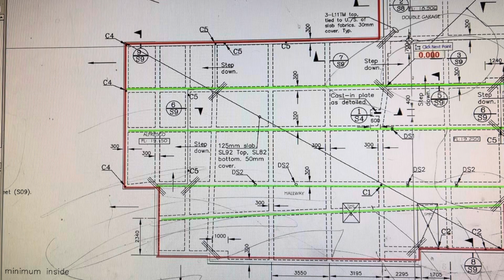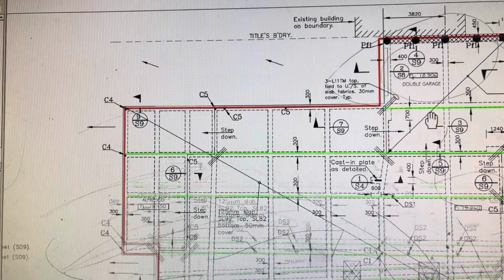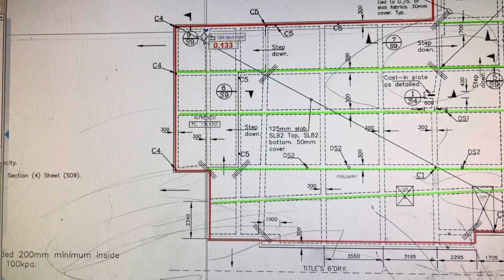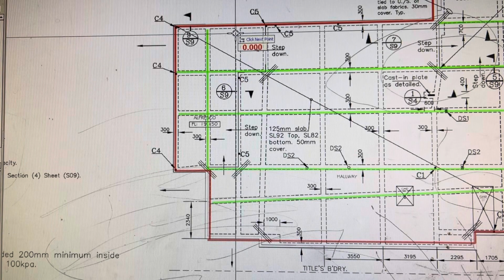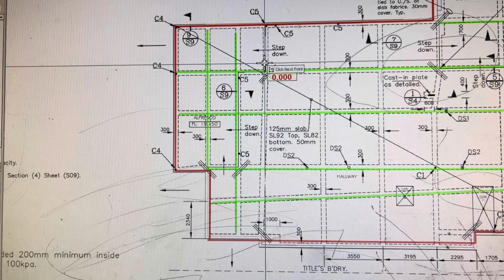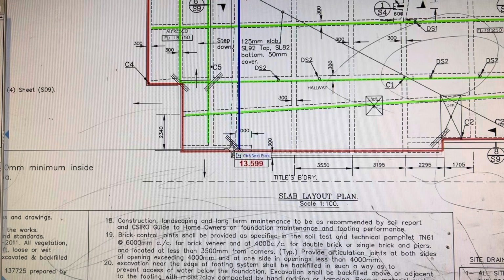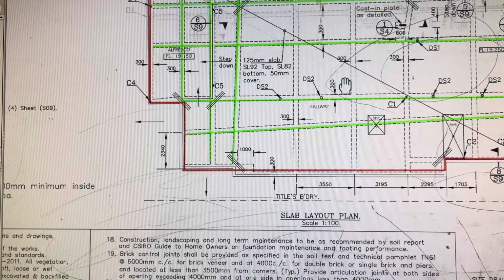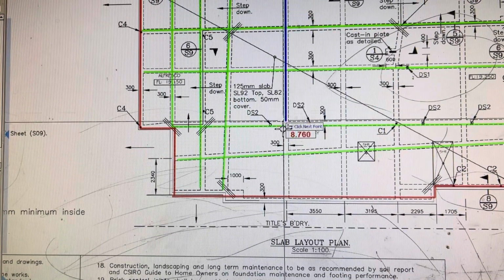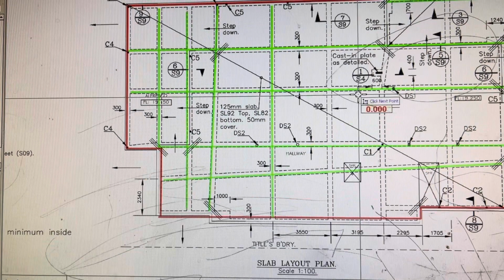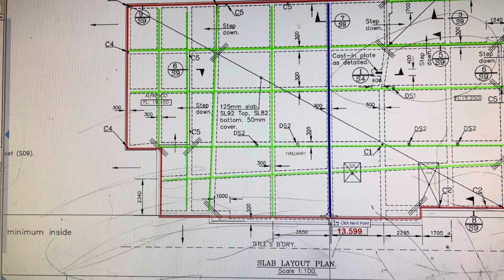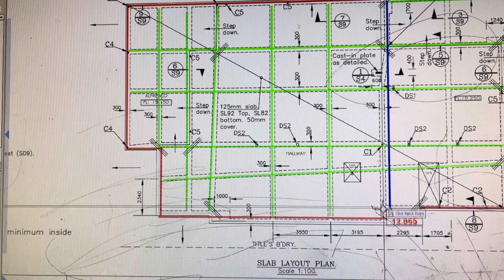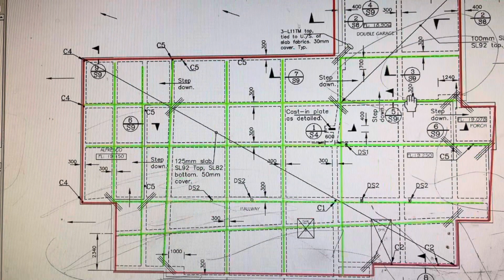Do all the horizontal beams first, and then do the vertical ones. Then you can recheck if you have missed any beam, or you're good, you have covered all of them. So these are all your internal beams from one end to the other end.